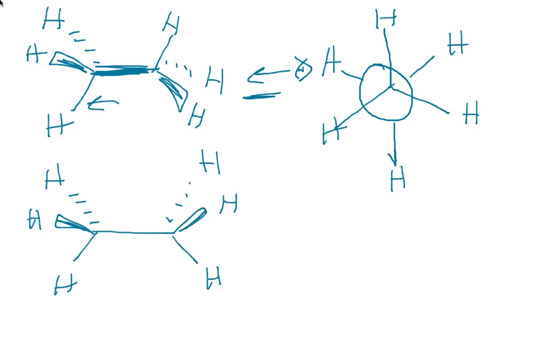The frozen in time conformation I've drawn on the bottom, what does that look like? I'll draw it a little smaller so I have some room. Again, looking down this way, we have a hydrogen going down straight, and a hydrogen going up to our left, and a hydrogen going up to our right.